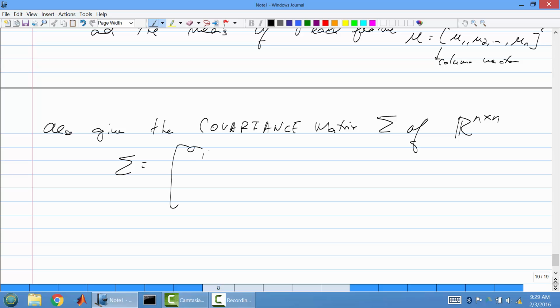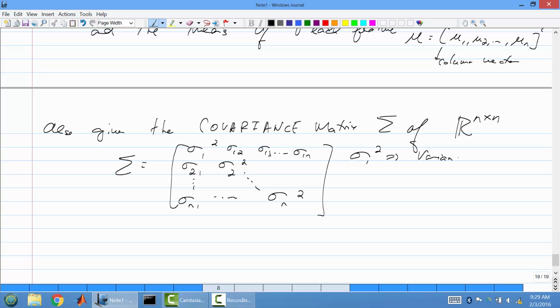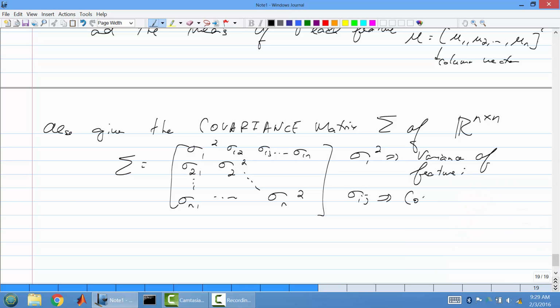You're computing the variance of the first feature, the variance of the second feature, all the way down to n, and then we have covariances, right? So sigma i squared is the variance of feature i, and sigma ij is what's known as the covariance between features i and j.